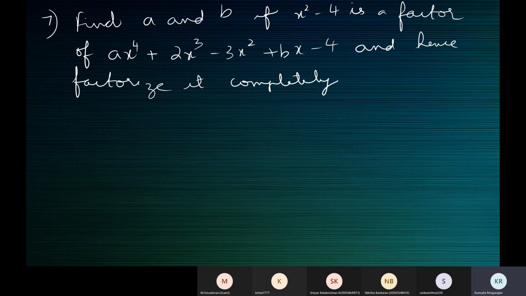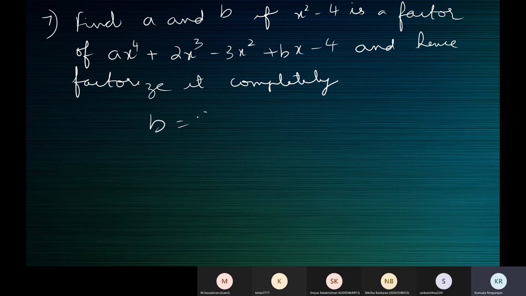The first one again, Madhumita, the second one is incorrect. The first one again, b is equal to 8a or minus 8a? The first one is b is equal to 8a, ma'am.